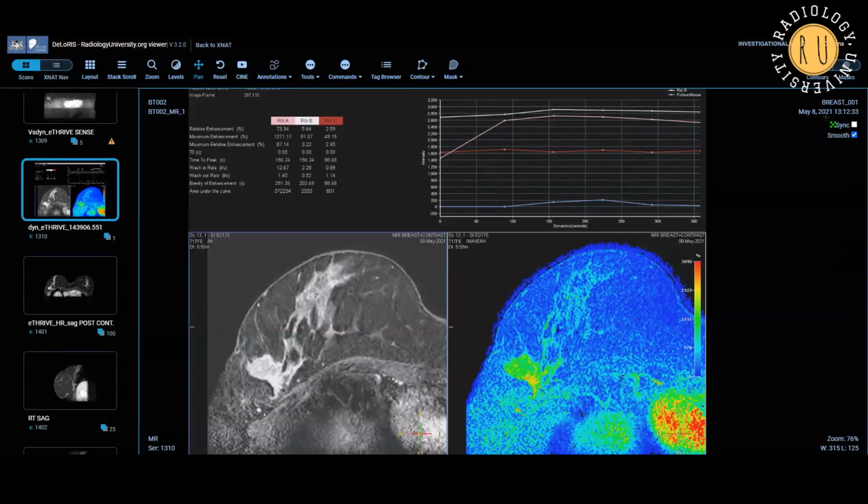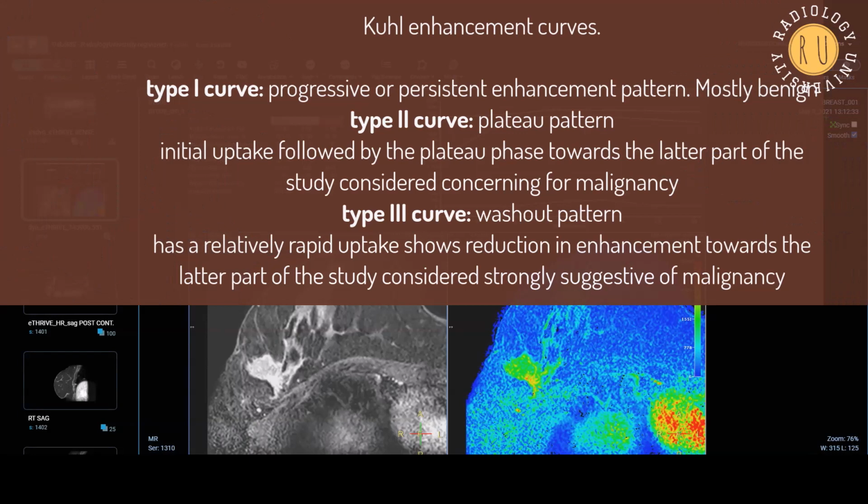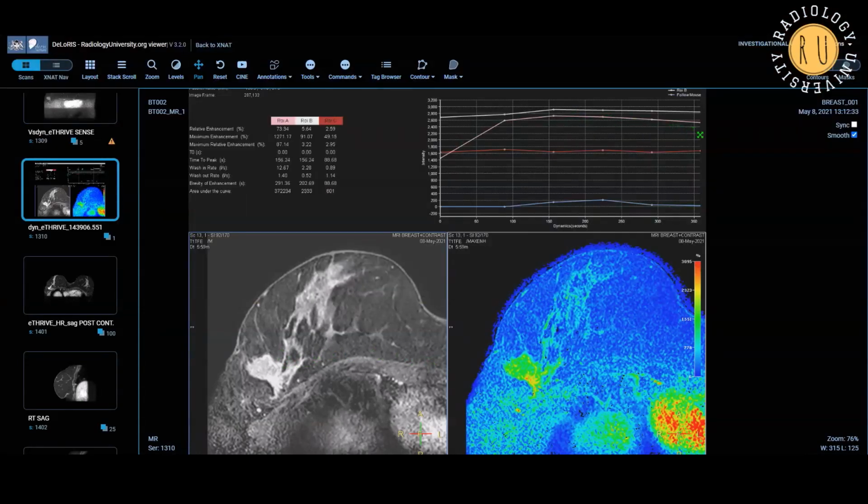Sorry, I'm not sure which one is A, B, C, which one corresponds to the lesion. So this curve corresponds to the lesion. Yes, A will correspond.